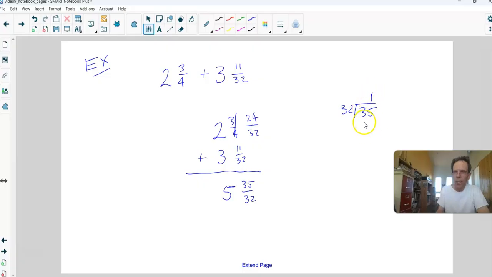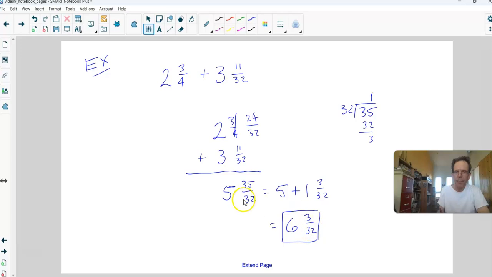It goes in once. 1 times 32 is 32. You subtract and you get 3. So this is really 5 plus 1 and 3 thirty-seconds. Now you can see we have 5 plus 1. 1 is a new whole number part when we break that 35/32 down. So the answer in cleaner form is going to be 6 3/32.